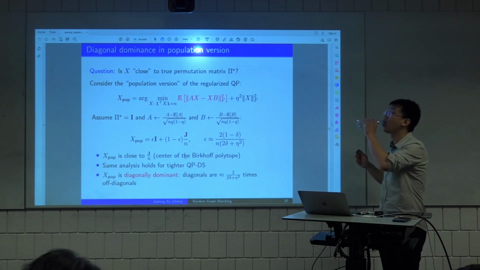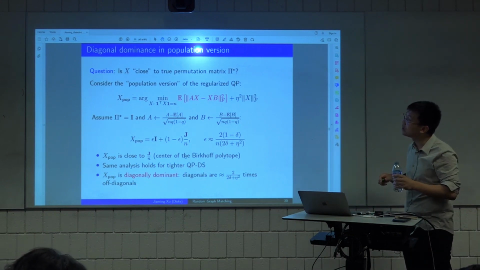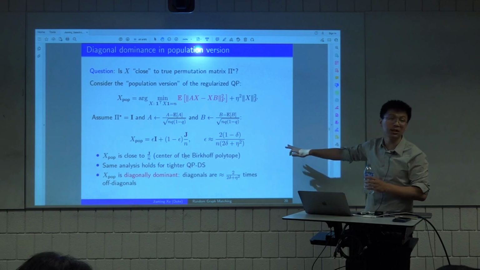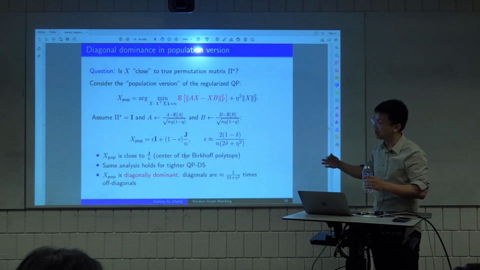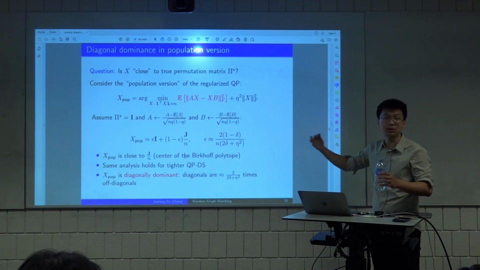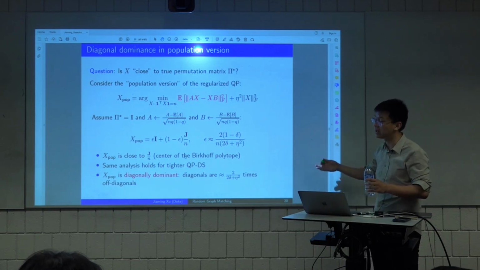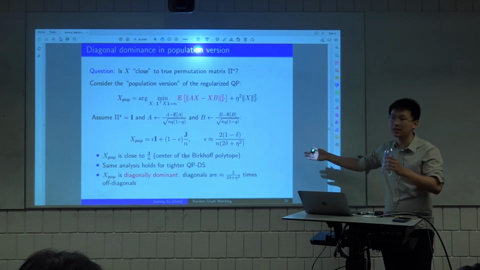I meant why should it not be 0? I see. So this doesn't capture that, I think. Yeah, because in terms of population solution, if you pick eta equal to 0, it still works. But the eta will be useful when you control the real solution to be close to the population solution. So that will be useful, at least in our analysis, to show this real solution is indeed diagonal dominant. So you will see that actually.